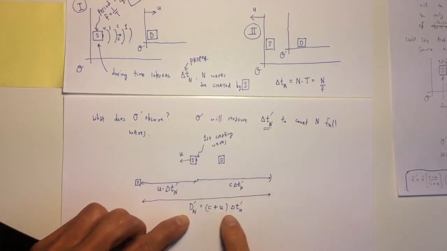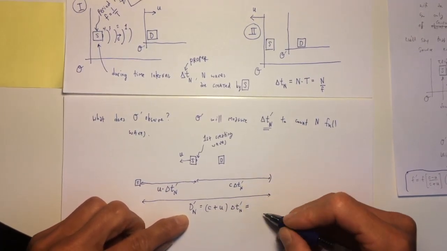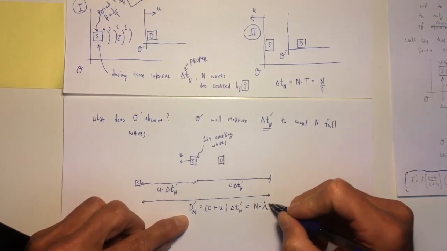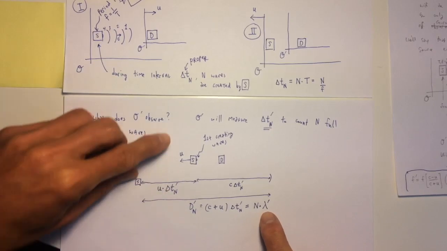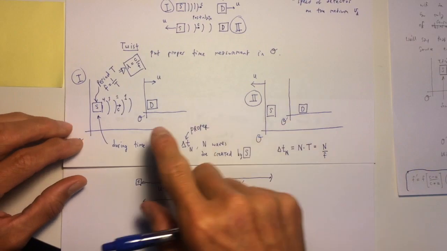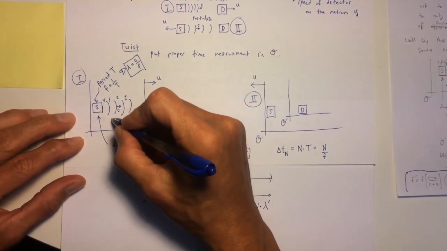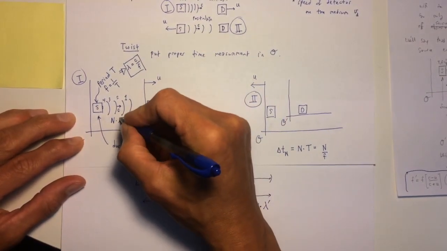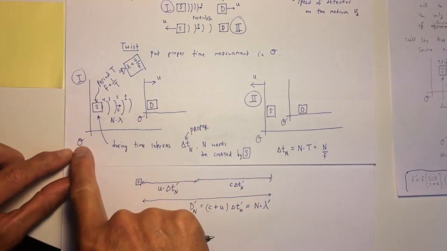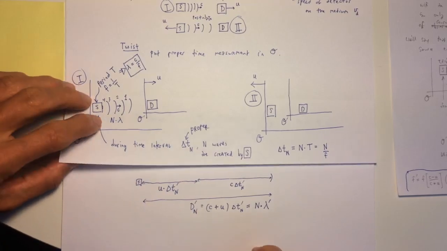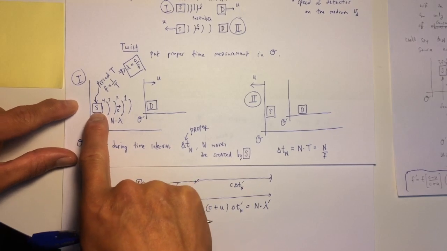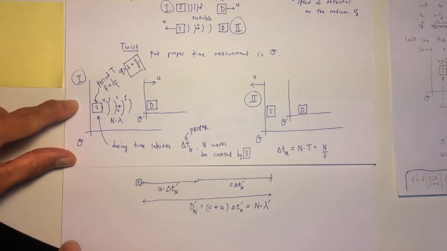What's interesting about this distance is it is n times the wavelength, where the wavelength would be measured by O prime. Up here, this is n times the wavelength as measured by O, because this is a drawing such that the source is standing still. It's the rest frame of the source.